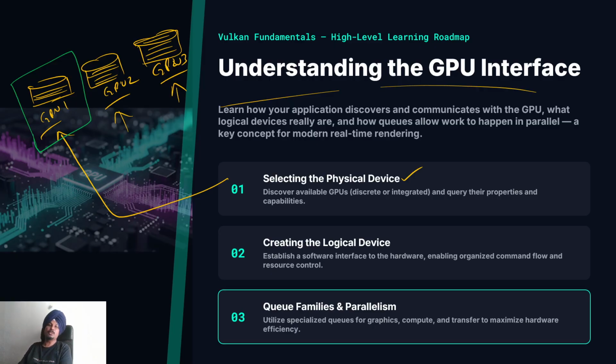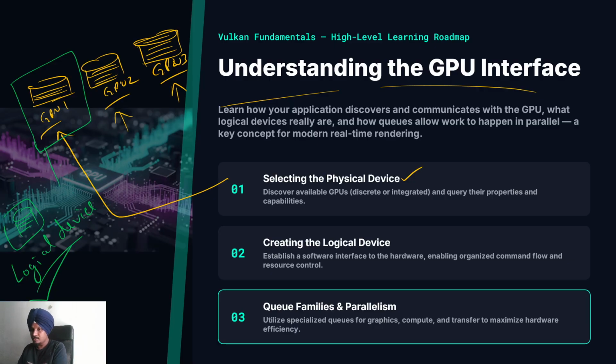Now if I want to work with GPU 1, I don't directly work with the physical device, but I'll create some logical device. It's still the same device, but we will call it a logical one. We always work with the logical device. You can create as many logical devices of a physical device as you like, and work with them.